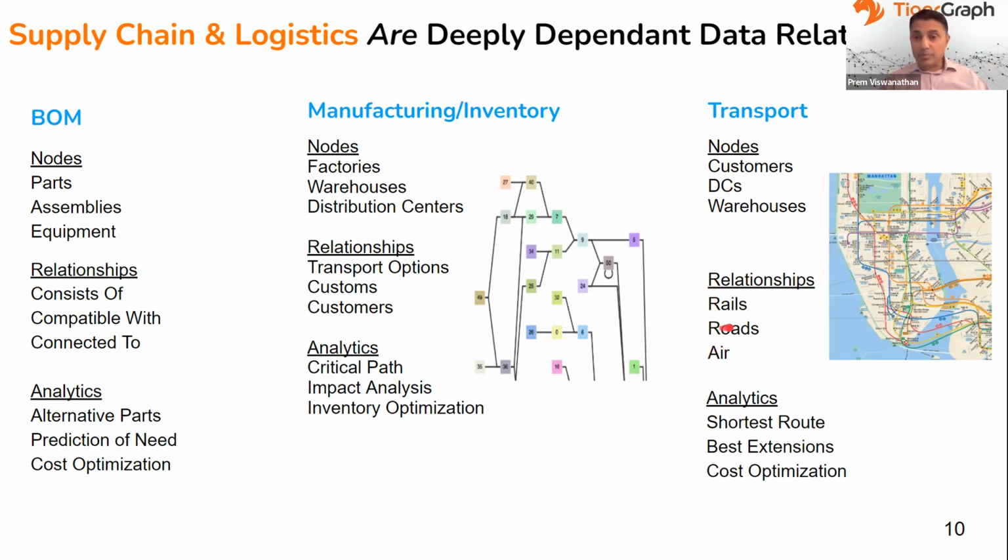Sometimes by rail, sometimes by road, sometimes on a plane. But you can see everything is very interconnected. When you want to look at things like cost optimization or impact analysis, what if node 11 here were to fail? Who are the customers that are impacted as a result? Finding answers to those kinds of questions is something Graph is really, really good at. It's one of the strengths of Graph.